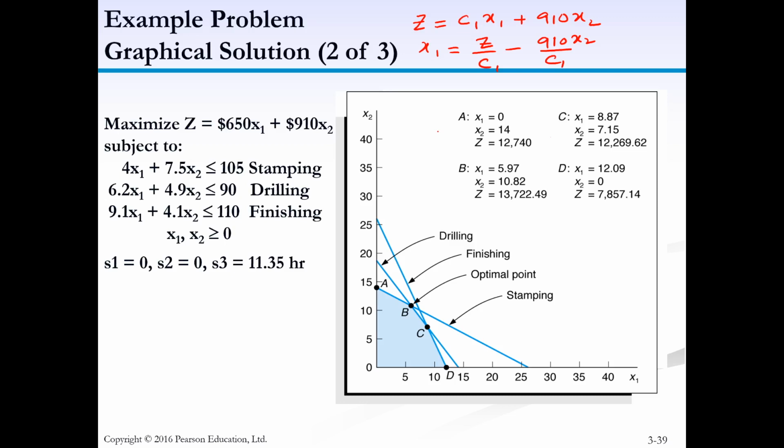Okay, and we do the same for the three constraints. We have three constraints, so we find out the slopes for the three constraints here.